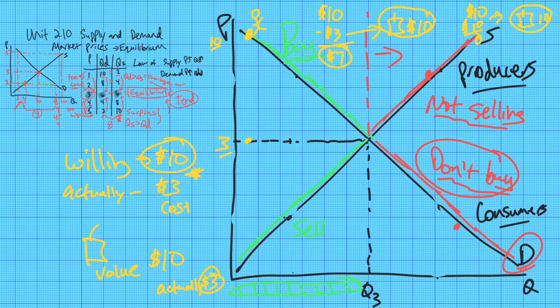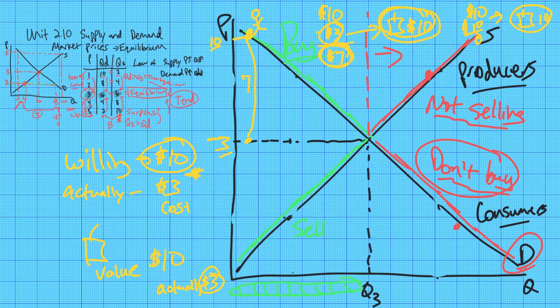But in this scenario, when they only spent the 3, they have the value of $10 plus 7 that they still have. They still have that money. So they're up an extra 7. Okay? So the difference between what they were willing to spend, the $10 up here, and what they actually spent, which is the price down here, is what we call consumer surplus. So their consumer surplus is the difference between those two, 7.